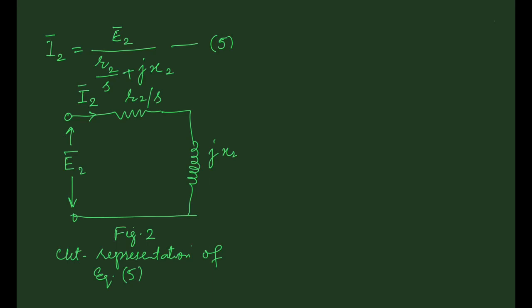But one thing can be seen from this circuit. Now, as far as the circuit is concerned, the EMF acting on this circuit is E2, which is a line frequency induced EMF. And hence the current I2 can also be thought to be a line frequency current, which is produced by a line frequency induced EMF E2 in a rotor circuit of impedance R2 by S plus jX2. Let's write it down.